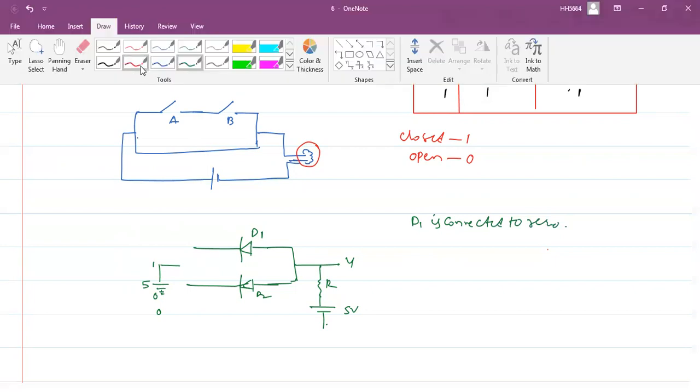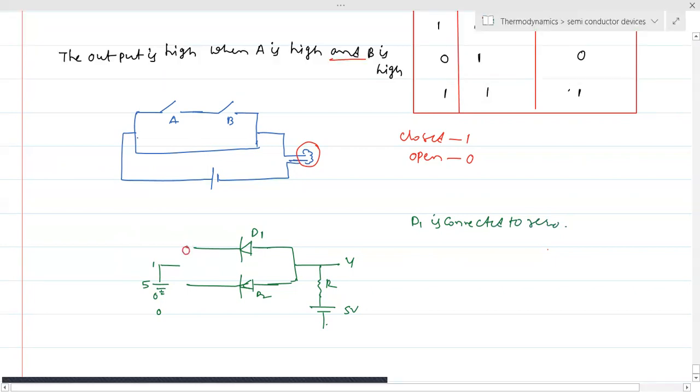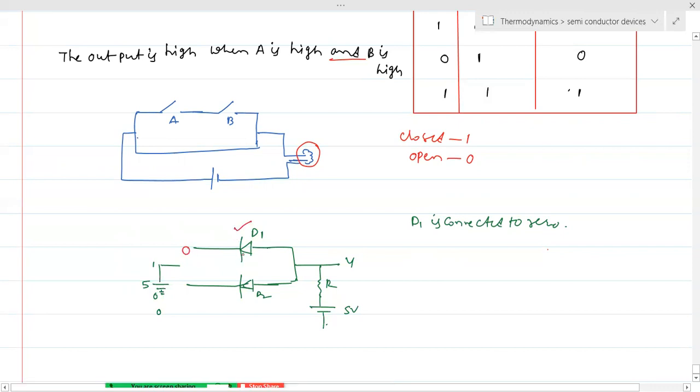If D1 is connected to 0, then definitely D1 will be in forward bias, because 0 is connected to the negative type. So the diode will conduct current. The whole current passes through this way, so the current passing through the Y terminal should be equal to 0.